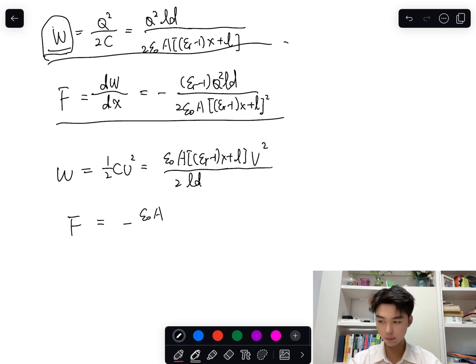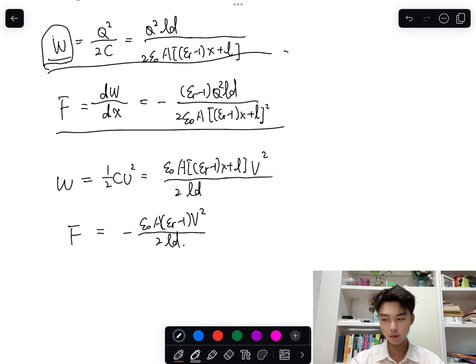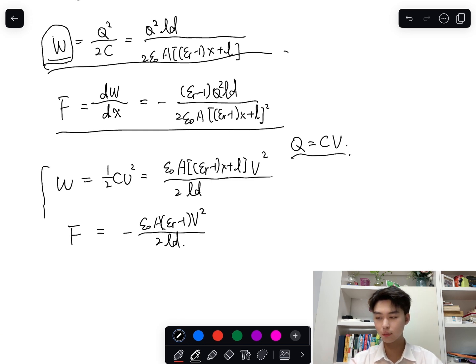Something like this. To be noticed, now we have used Q equals CV to calculate all the things involved.